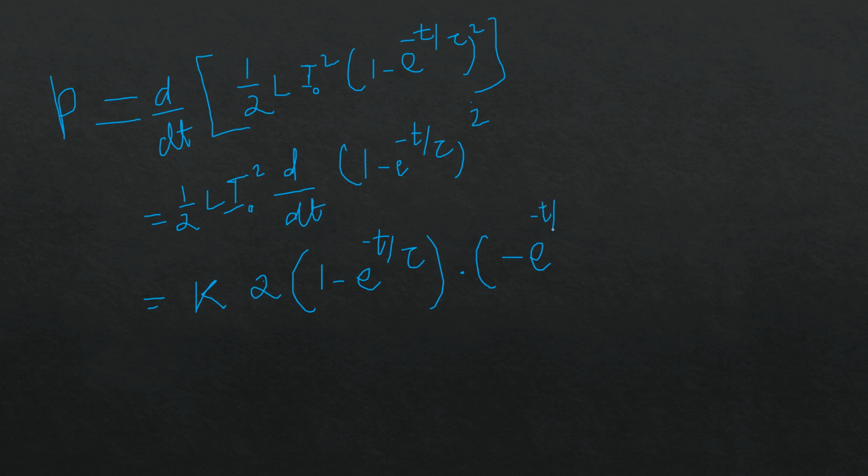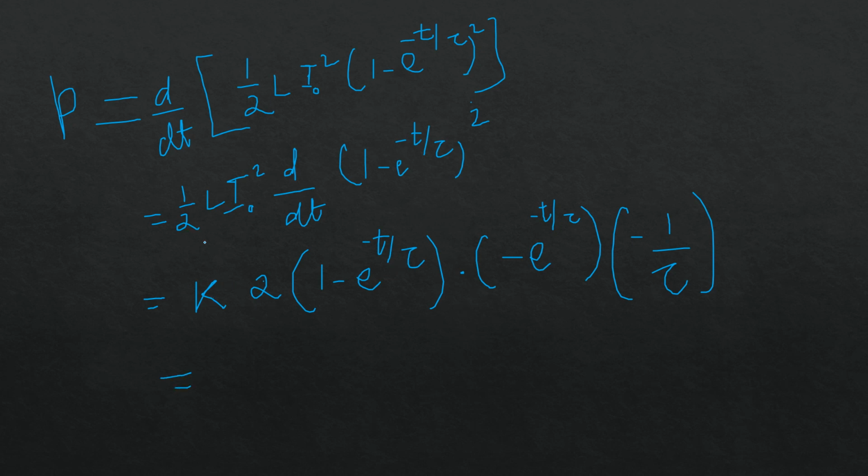You should be able to do a derivative at least. Now the derivative of the upper one: minus 1 by tau. All right, so this one will become what?